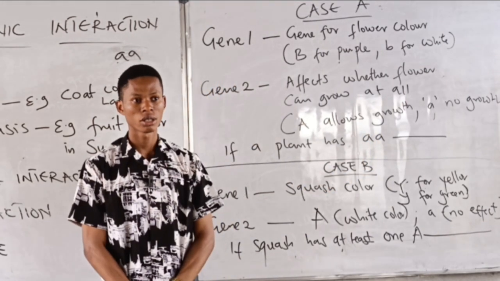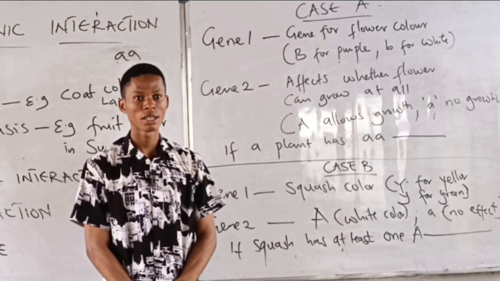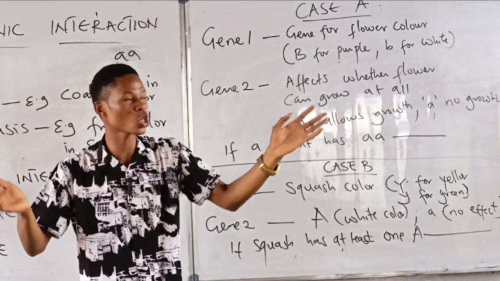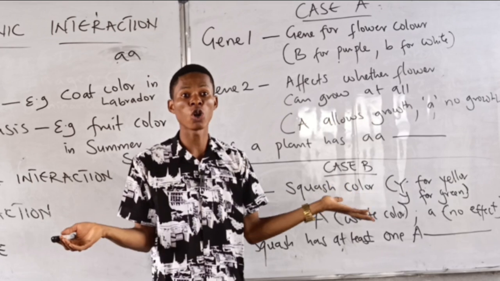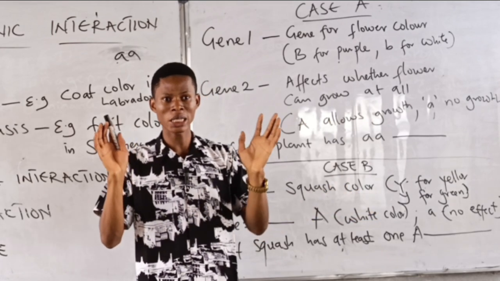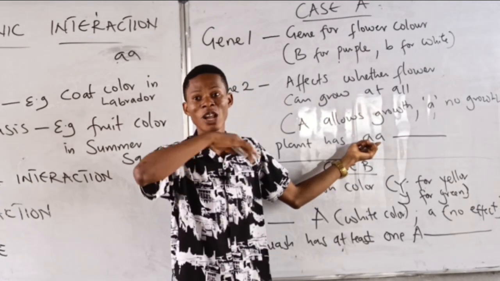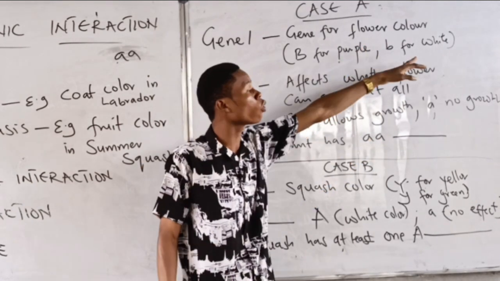White? There's no flower at all. There will be no color. Do you understand? If the plant has the small a, first of all, there will be no flower at all. So you can't tell if it is purple or white.